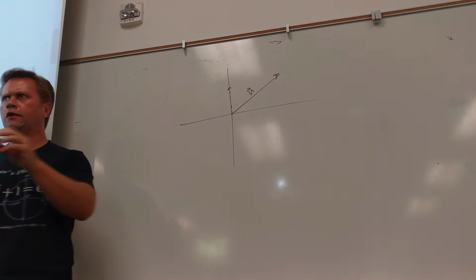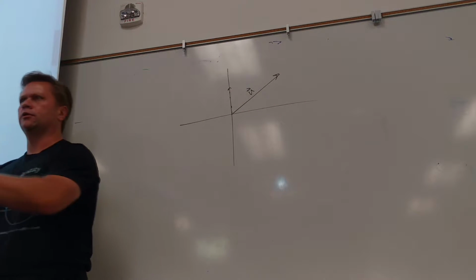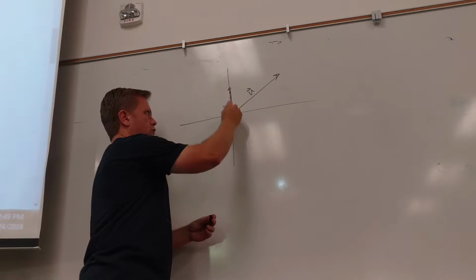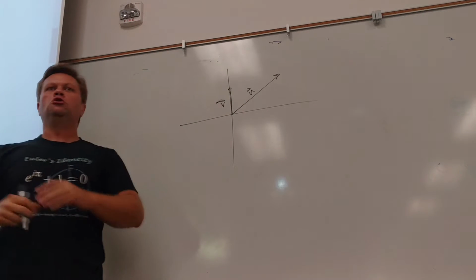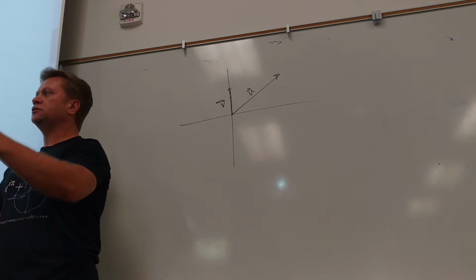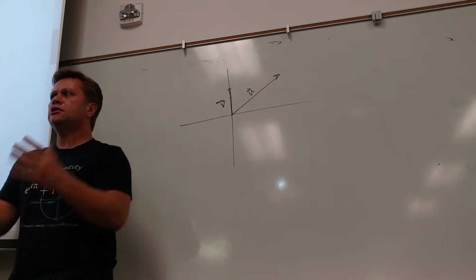That is the y component of that vector. So if I subtract, let's call this the vector v, if I do u minus v, the resultant should be the x component. Doesn't that just make sense?